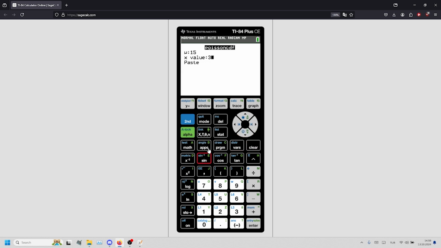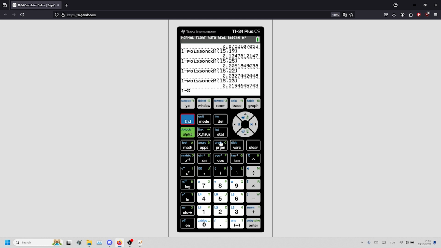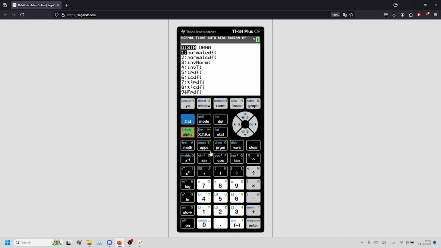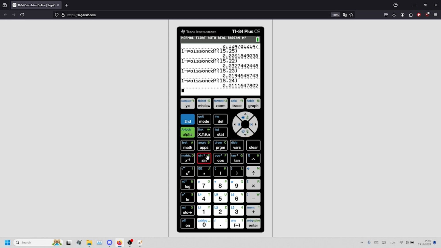And that's still too big, so let us test 24. It's still too big, so we can see that it's between 24 and 25.